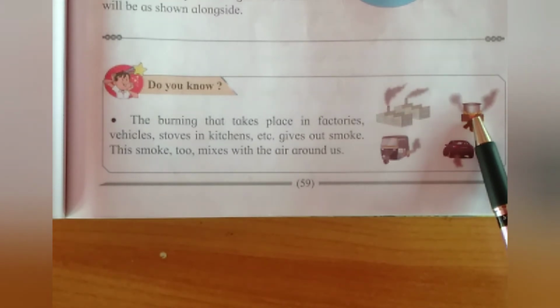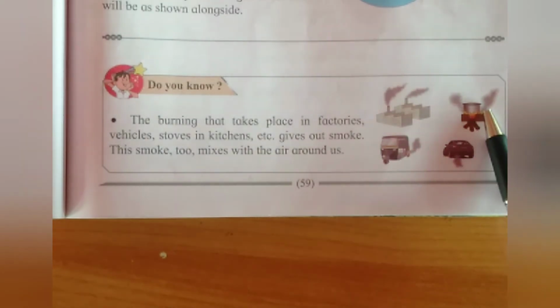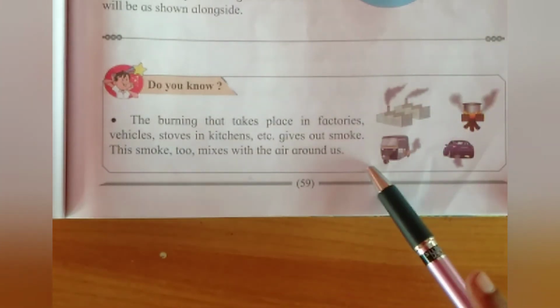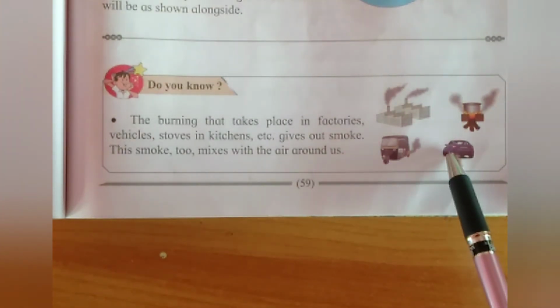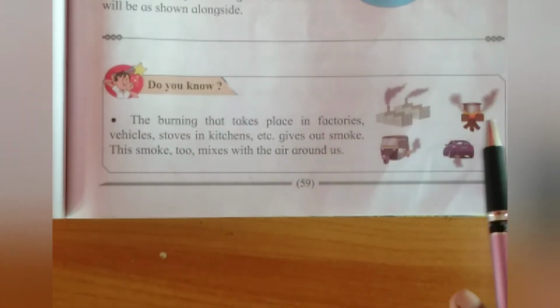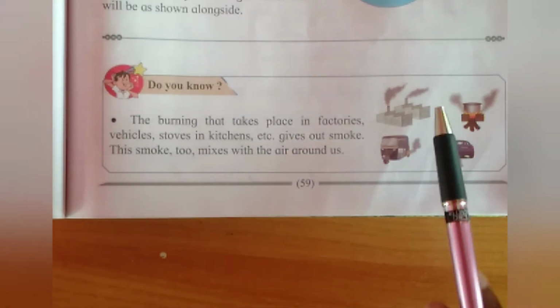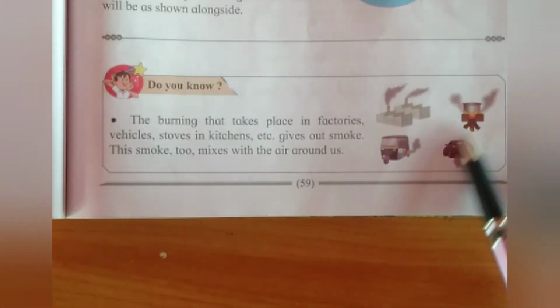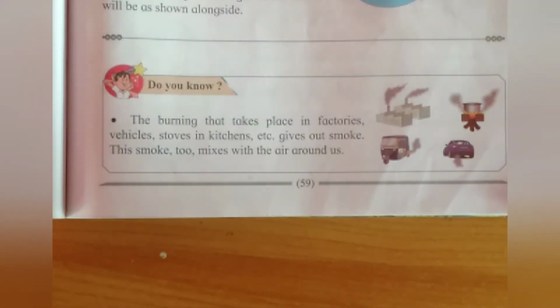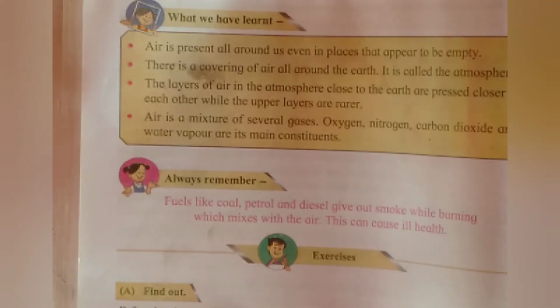Here smoke comes out while cooking, from stoves in kitchens, then from rickshaws, then from cars, etc., means from vehicles. That smoke also mixes in air, and this leads to air pollution. So students, you understood this.